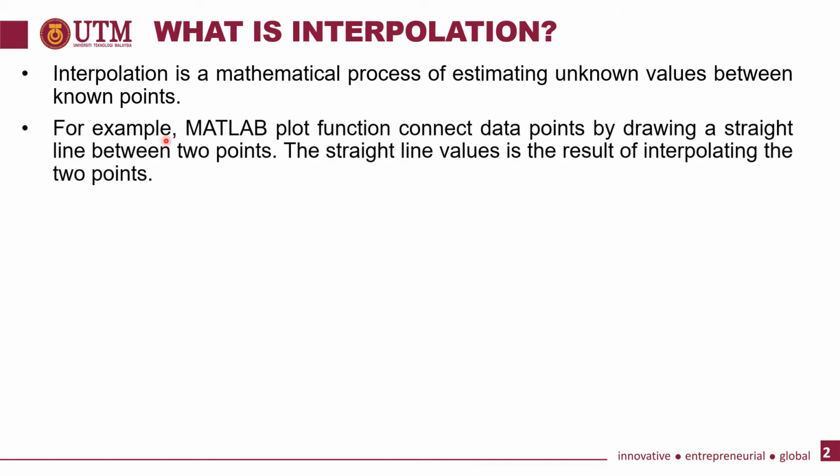For example, the MATLAB plot function connects data points by drawing a straight line between 2 points, so the straight line values are the result of interpolating the 2 points. Right now you may not be able to understand what interpolation is, but later on I will show you some examples to improve your understanding.